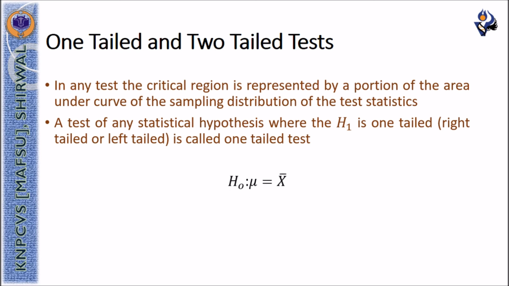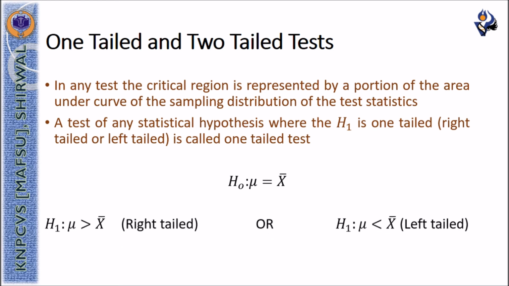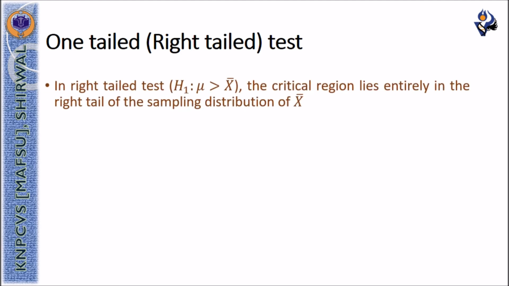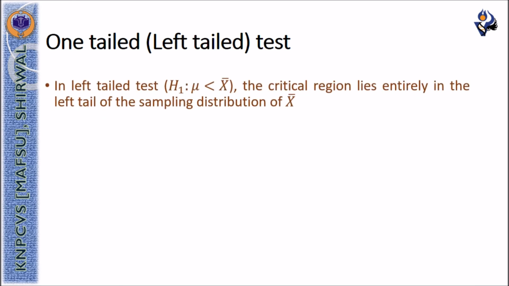For example, if null hypothesis is mu is equal to X bar, alternate hypothesis in right-tailed test will be mu is greater than X bar, and alternate hypothesis for left-tailed test will be mu is less than X bar. In right-tailed test, the critical region lies entirely in the right tail of the sampling distribution of sample means. Whereas in case of left-tailed test, the critical region lies entirely in the left tail of the sampling distribution of sample mean.